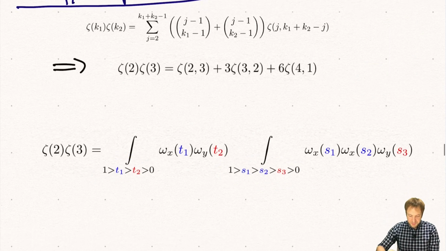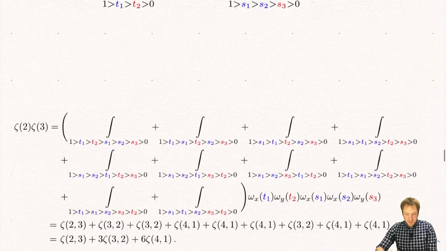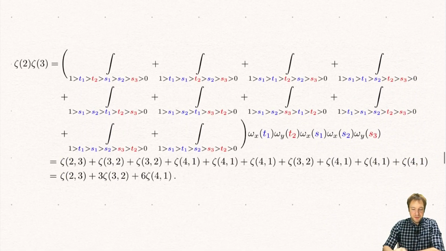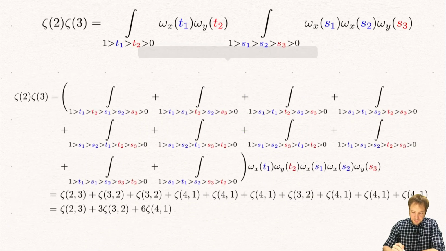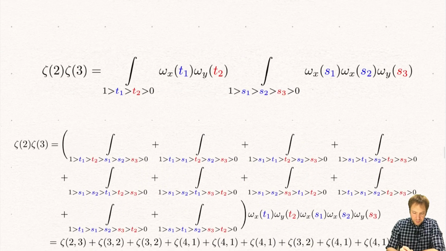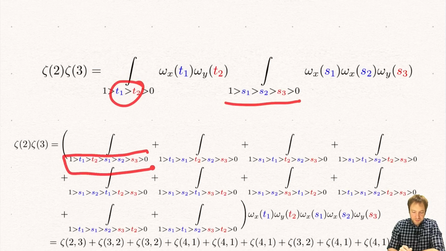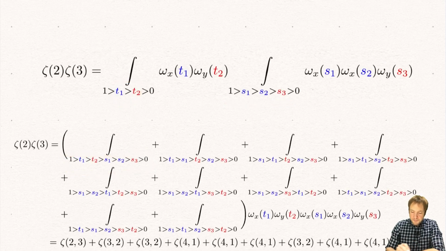So we just really need to consider all possible ways of shuffling these two things. So what I mean by this is we consider now all these integrals here. So one way is that these two t's are larger than all these s, which gives this iterated integral here.